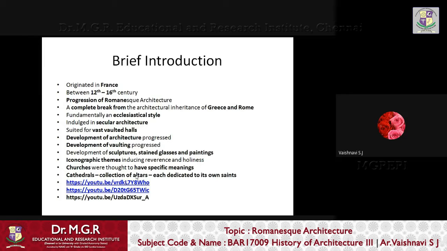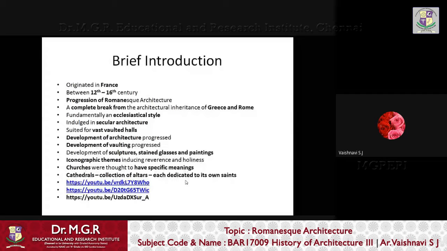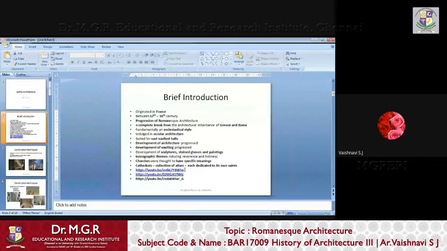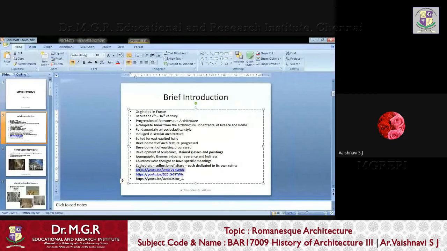Iconographic themes were there for holiness and reverence. They thought the churches should have a specific meaning. And in all the cathedrals, they had altars which are dedicated to the saints, that is, the person who is a priest there. So we'll see a brief introduction about Gothic architecture in this video.